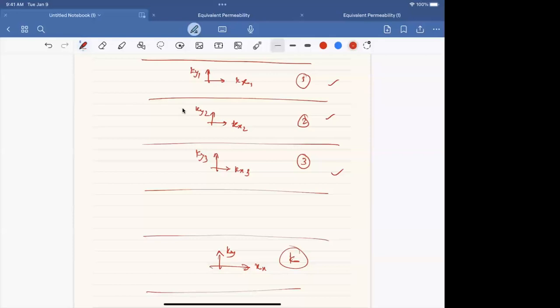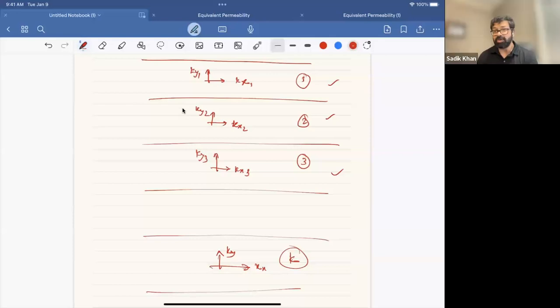Equivalent K, yes. So how to calculate the equivalent K? What is the criteria to calculate equivalent K? Any idea?